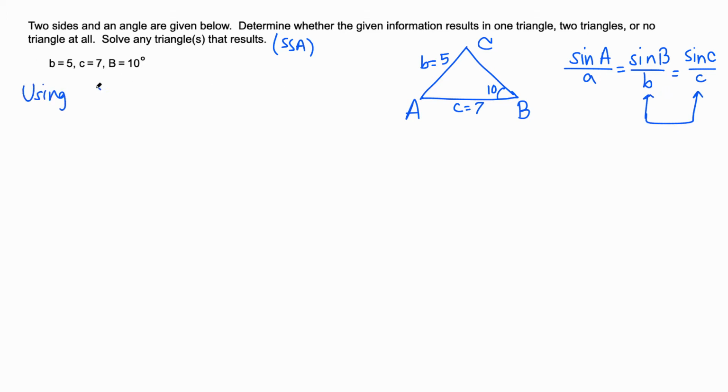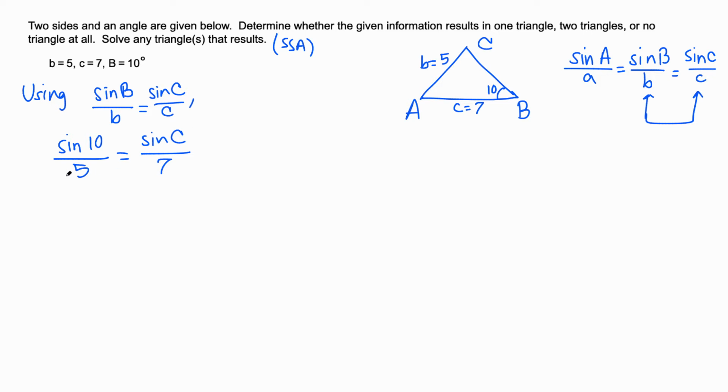So using sine B over b equals sine C over c, that gives sine 10 over lowercase b, which is 5, equals sine of angle C, which is what we are trying to determine, over side c, which is 7.